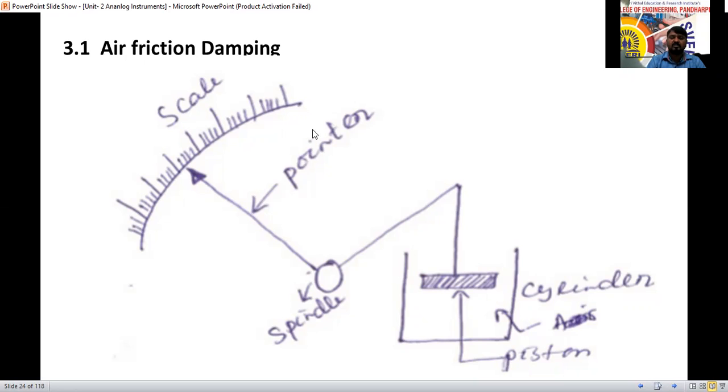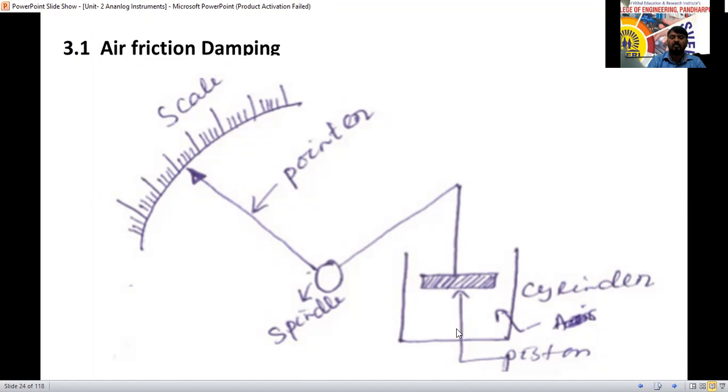Suppose I remove the supply, suddenly the pointer will move to this place here now. Suddenly I remove the supply, it will not come back suddenly here. Again it will take some time, because the pointer is rotating in the anti-clockwise direction. In that situation, this closer is going to move up.